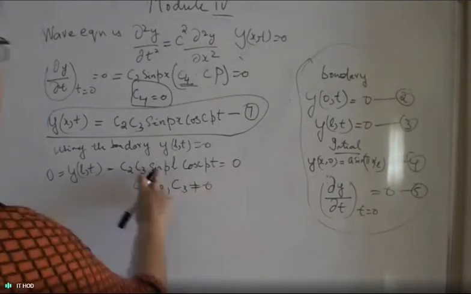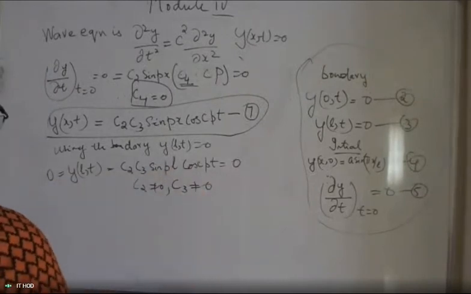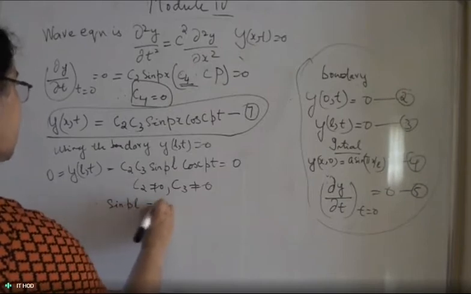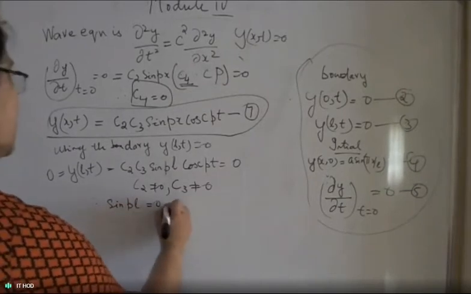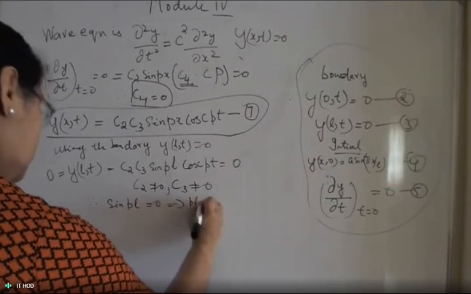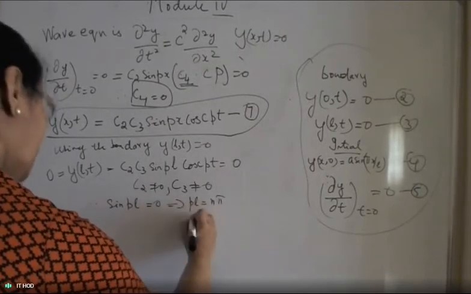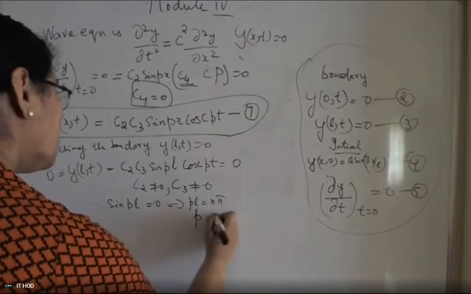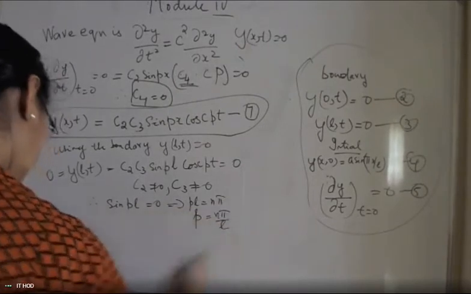The only possibility is sin pL is equal to 0. Therefore, sin pL equal to 0 means pL is equal to nπ, and p is equal to nπ by L.